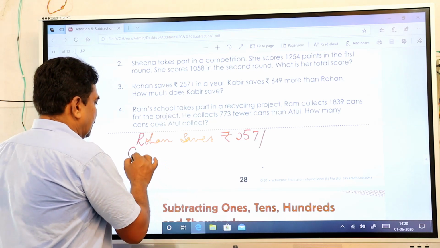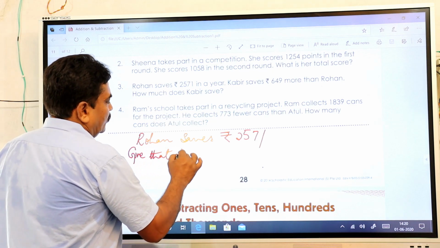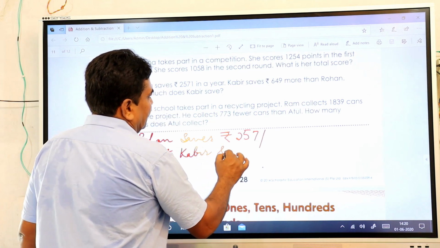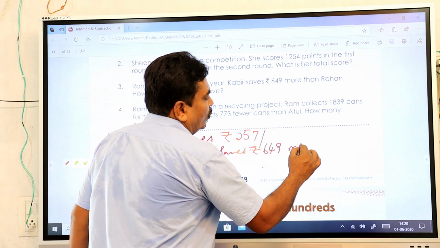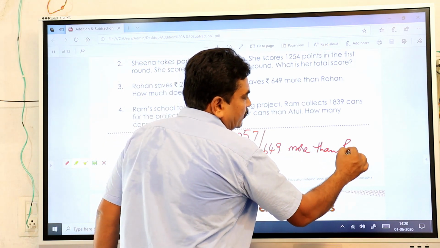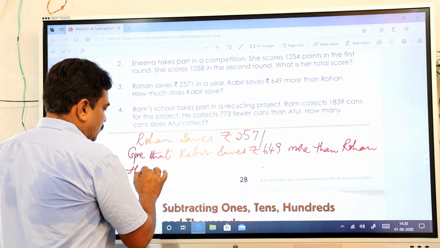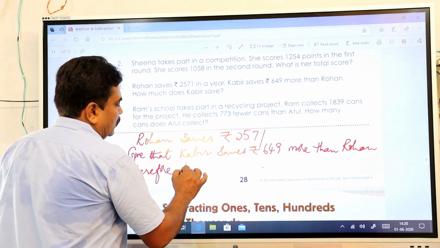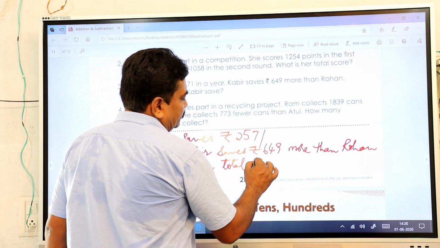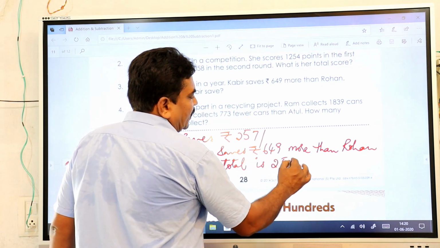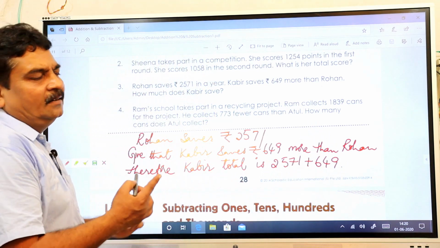So given that Kabir saves rupees 649 more than Rohan, therefore Kabir's total is 2571 plus 649. You have to add these two values.